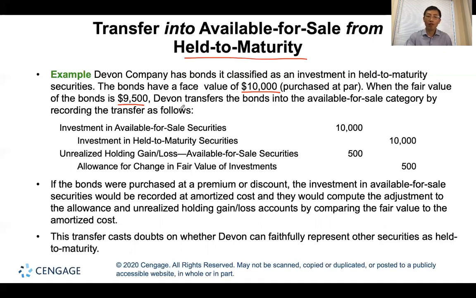But the fair value is only 9,500. So we need to recognize this unrealized holding gains or losses because it's available for sale security. So we use allowance for change in fair value investment and go into the comprehensive income in the balance sheet.